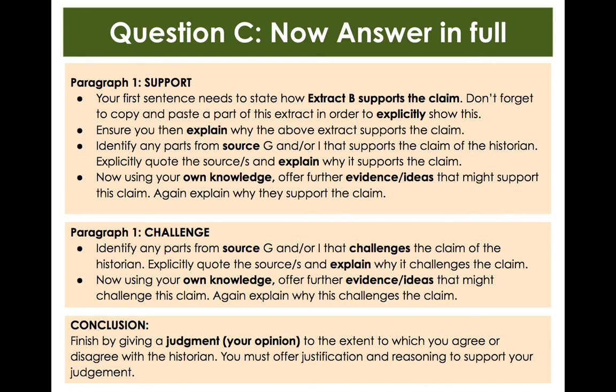Use then sources G and I in either paragraph. Make sure we're including our own knowledge and our own evidence as well. And then you must make sure we finish with that personal judgment. That final answer will be written in your worksheets also.